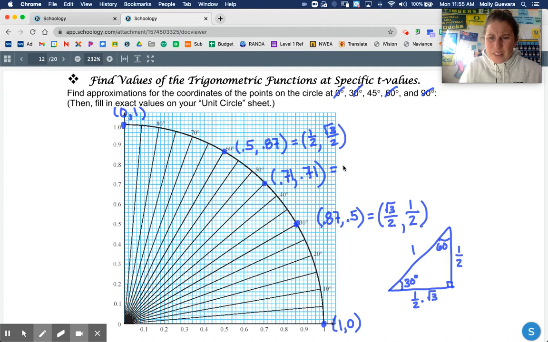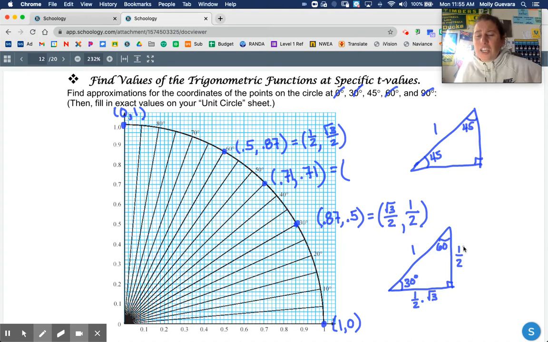And again, I don't like those decimals, so we can figure this out by drawing the triangle where this is 1. I know that because the radius of the circle is 1. This is 45 degrees because that's what I'm finding, which makes this also 45 degrees.